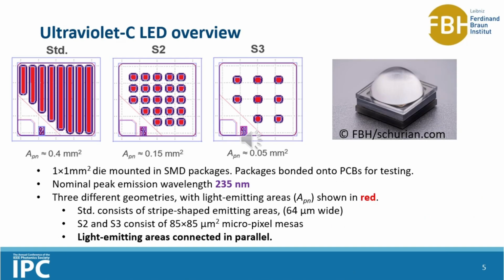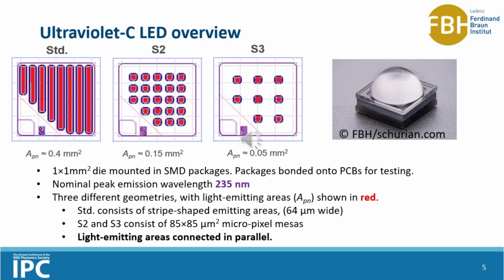Here we show the design of the 3 different LED samples that were used in this study. So these LEDs were designed and fabricated by our collaborators at the FBH in Berlin. The diagrams here show the designs which we will call standard, S2 and S3. The red areas highlighted in the illustrations are the areas that emit light, and these are all interconnected in parallel, so the LED functions as a single emitter.